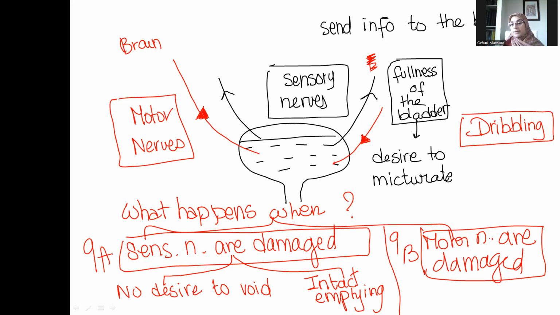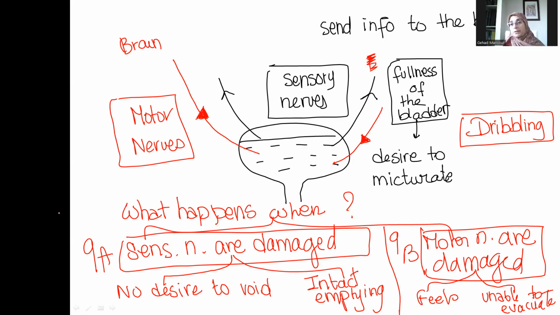On the other hand, in case B, if the motor nerve is damaged, the patient feels the desire to micturate. However, although he has an intense desire to micturate, he is unable to evacuate the bladder on purpose. This is, of course, a more difficult condition because the patient feels pain because of the extreme fullness of the bladder, yet the patient cannot evacuate.